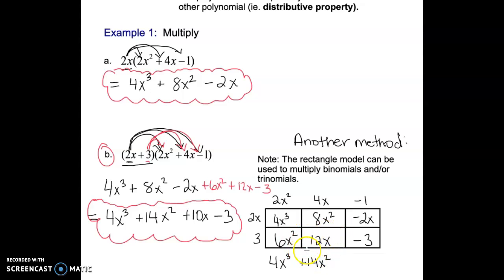We have 12x and -2x, which gives us 10x. And we have a -3. So both ways give us the exact same answer, but as you can see, the distributive property is a little bit faster and more efficient. These are two methods to solve this type of problem.